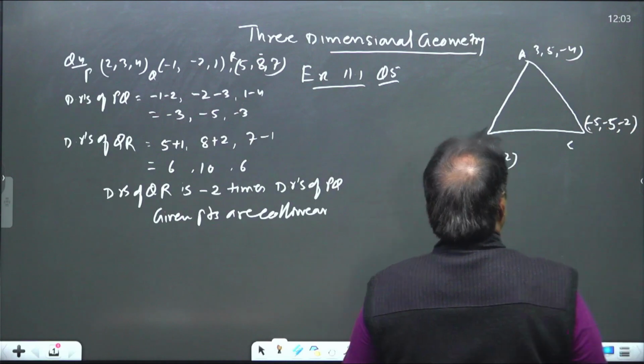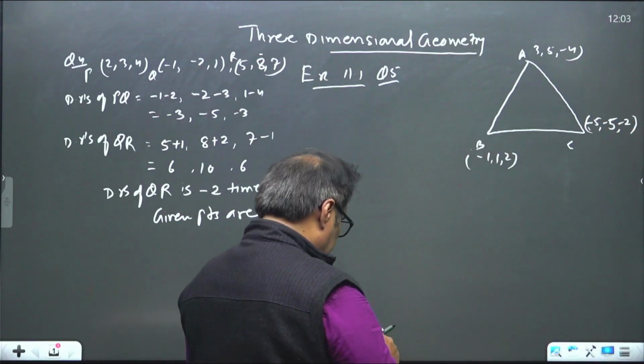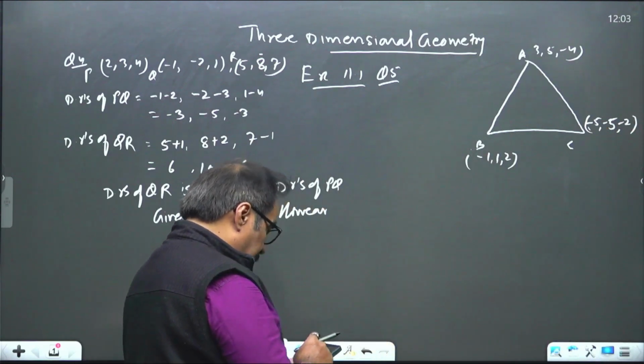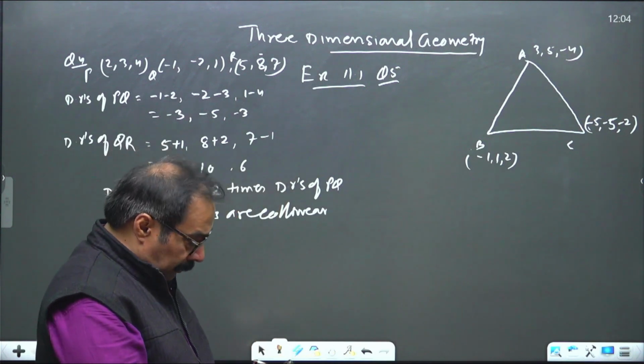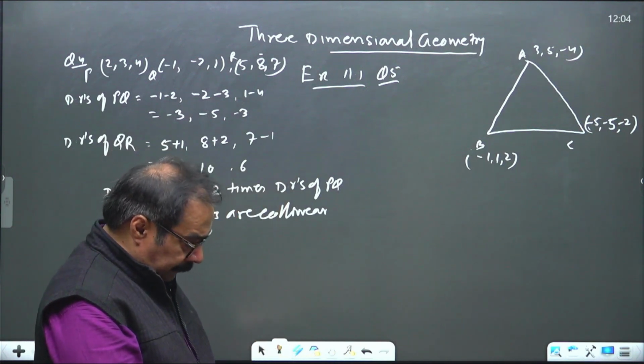These are the three vertices of the triangle, and the question says find the direction cosines of the sides of the triangle.